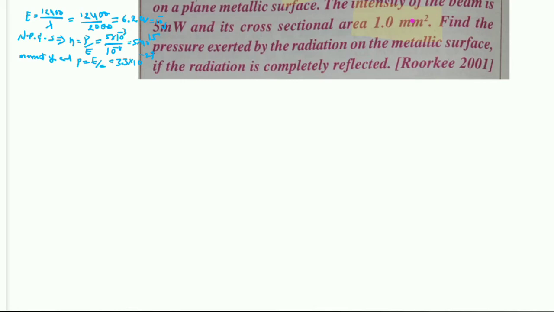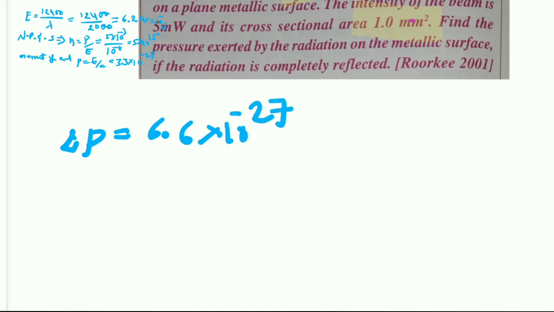Okay, change in momentum after each strike, 2p is equal to 6.6 into 10 to the power of minus 27.